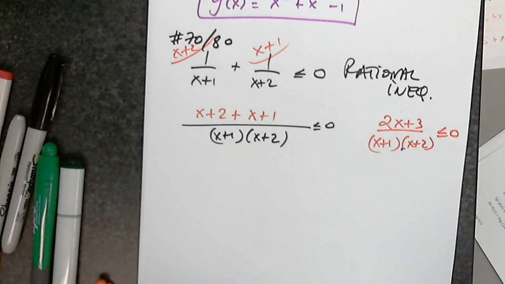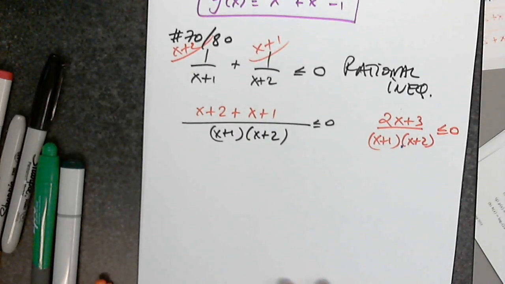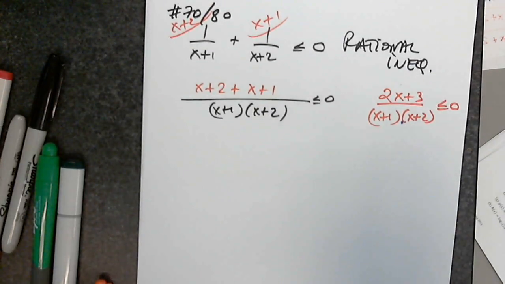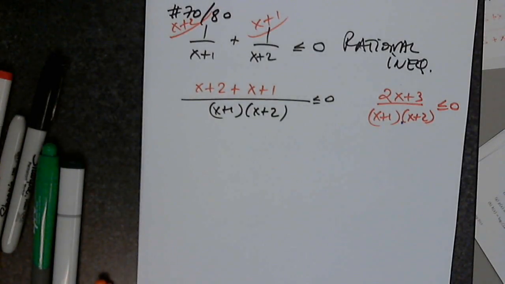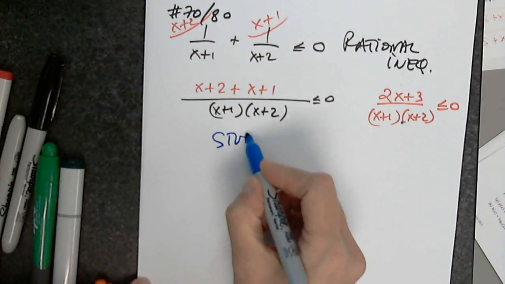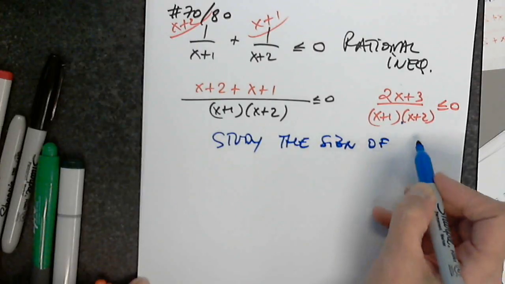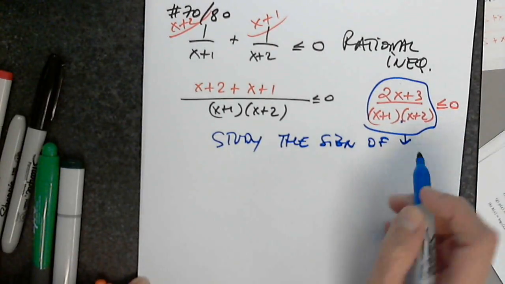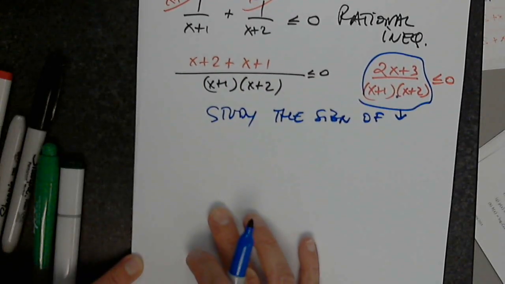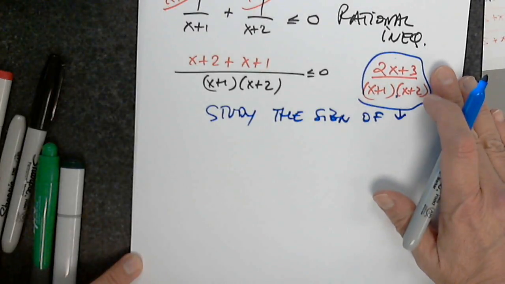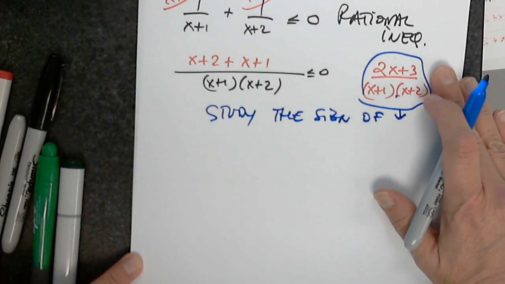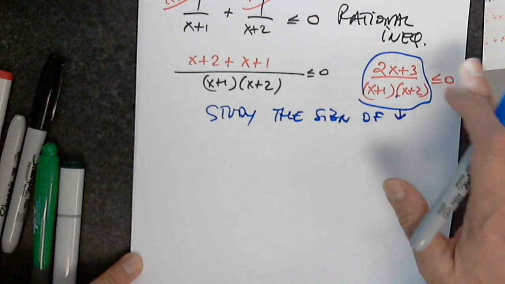Okay, is this chart ready? Yes, because the chart requires, if you want to use it, a product or a ratio. And remember what I'm doing now. I'm studying the sign. Study the sign of this expression. Not yet. I have not studied the sign yet to make a decision.